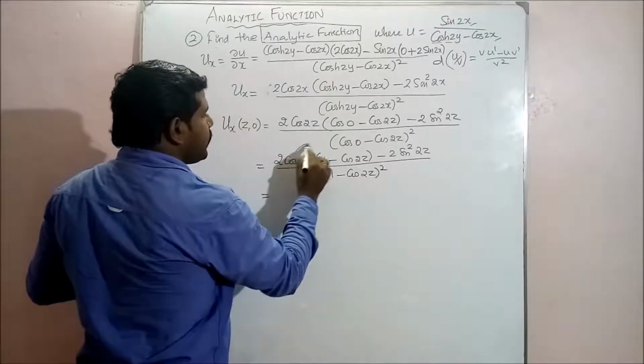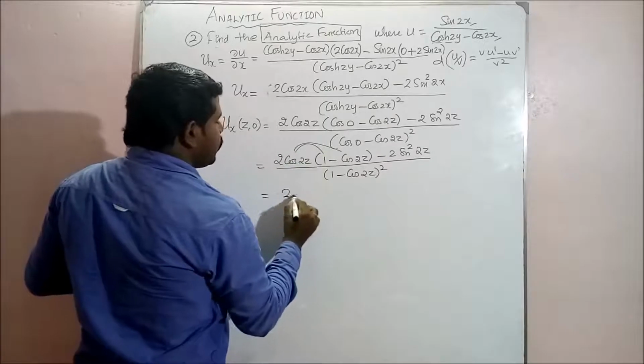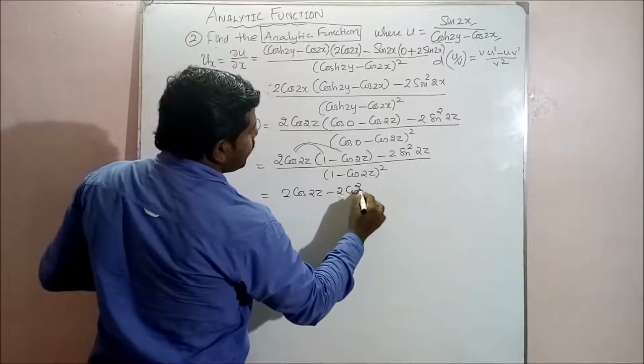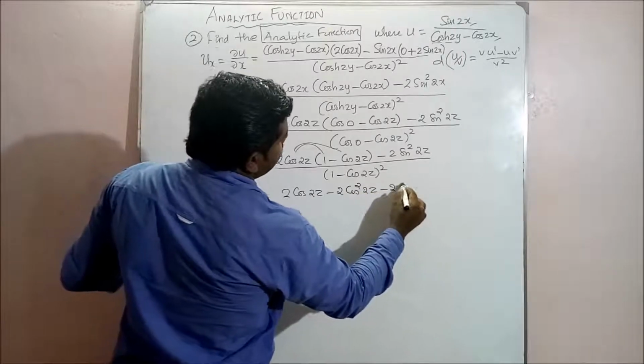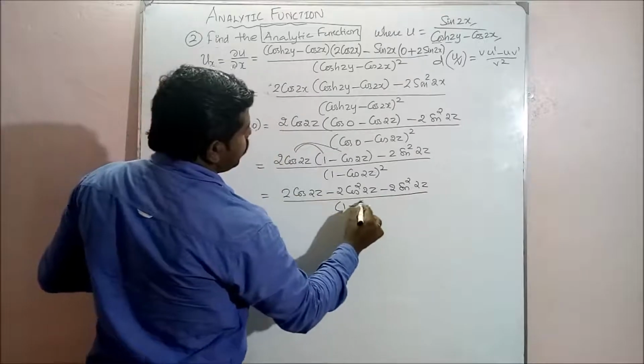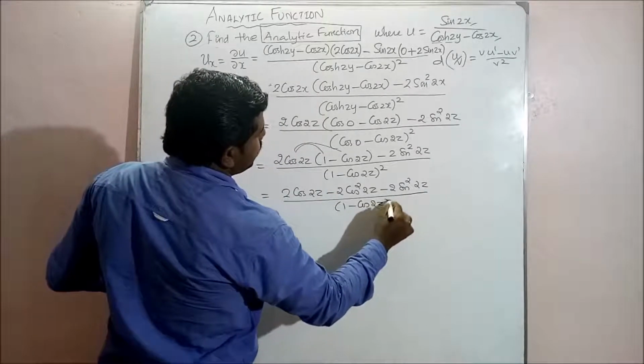Now multiply the 2 cos 2z already: 2 cos 2z minus 2 cos square 2z minus 2 sin square 2z, divided by 1 minus cos 2z the whole square.